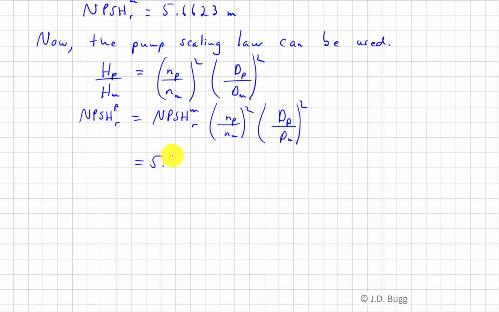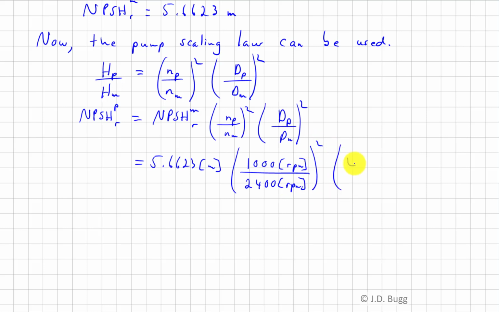The model NPSH is 5.6623 meters. The prototype is running at 1,000 RPM. And the scale is 4. That was given to us directly. We were told the prototype is 4 times as big as the model. So that gives us an NPSH for the prototype of 15.729 meters.